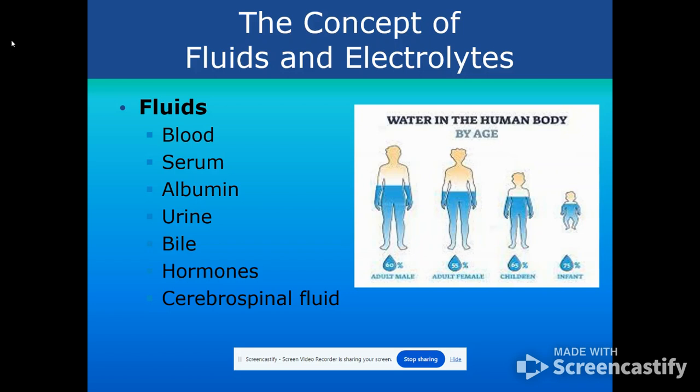It is found inside of the cell and is composed of water, dissolved electrolytes, and proteins. Then you also have extracellular fluid, which is body fluid not contained in cells. There are three components: the interstitial compartment, the intravascular compartment, and the transcellular compartment. This contains about 1/3 of the body's water.